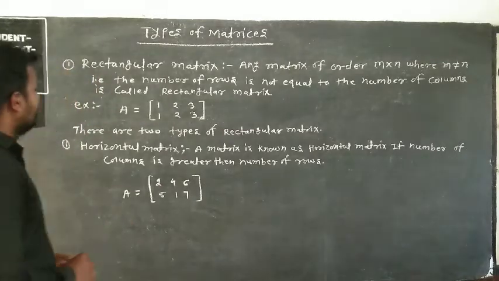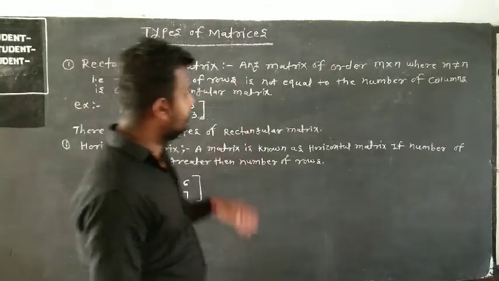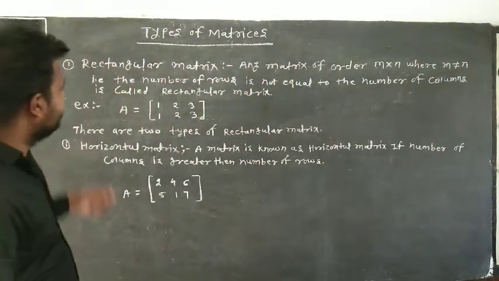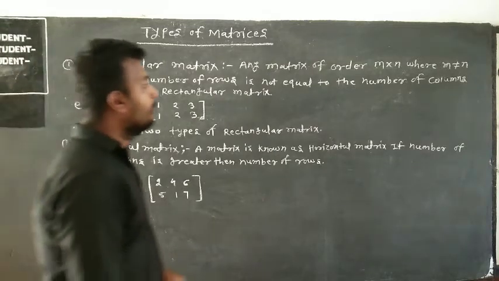The definition of a rectangular matrix: any matrix of order m cross n, where m is the number of rows and n is the number of columns, and m is not equal to n. That is, the number of rows is not equal to the number of columns.